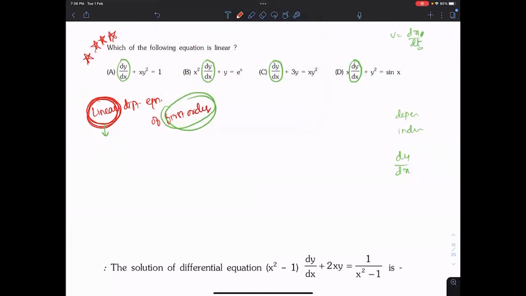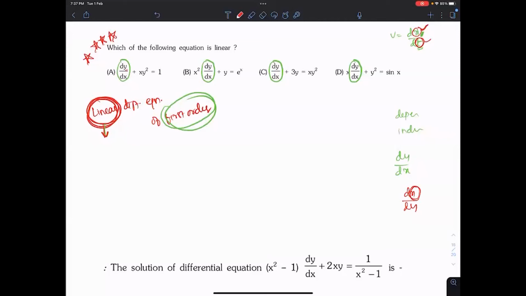So this is the independent variable, this is the dependent variable. Displacement is dependent on time. Now, whatever the dependent variable is, like here in all the four cases, it is y. If you reverse it and write dx by dy, x is the dependent variable.